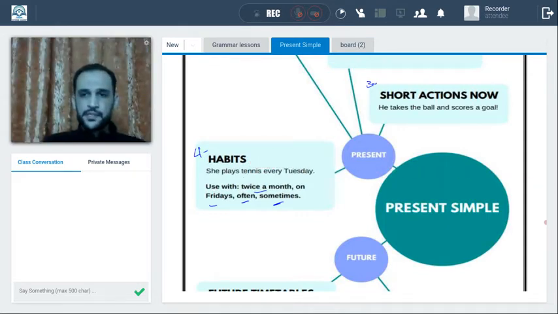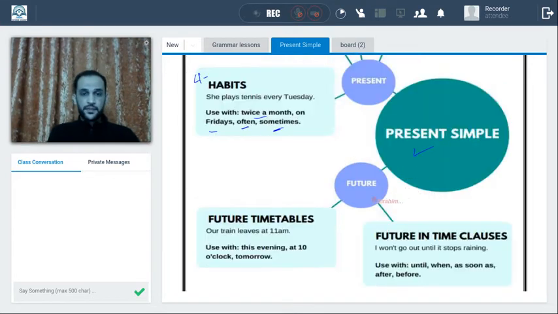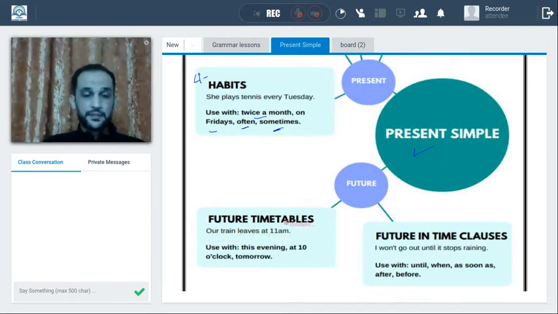Now let's move to this, and it's very important. This is about the future. Yes, I can use the present simple to express the future. This is when I'm talking about future timetables. For example, as you can see in this sentence, our train leaves at 11 o'clock.